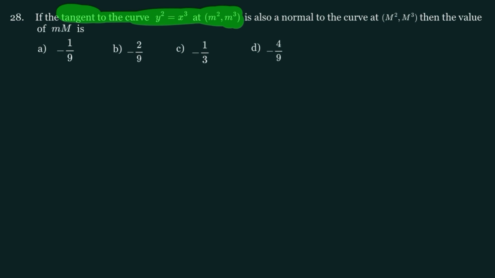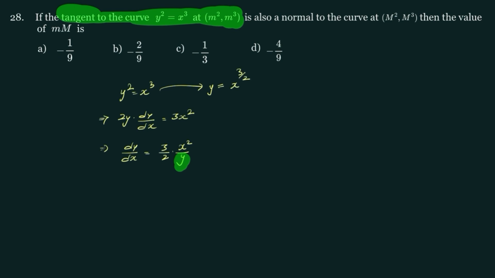So first, the curve is y squared equals x cubed. Now let us differentiate both sides with respect to x, then we will get 2y into dy by dx equals 3x squared. So hence dy by dx will be equal to 3 by 2 into x squared by y. Now let us replace this y in terms of x. From y squared equals x cubed, the value of y equals x to the power 3 by 2.